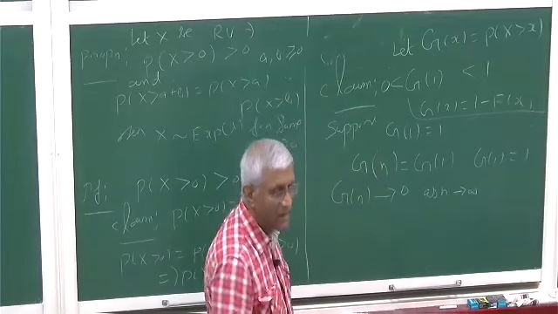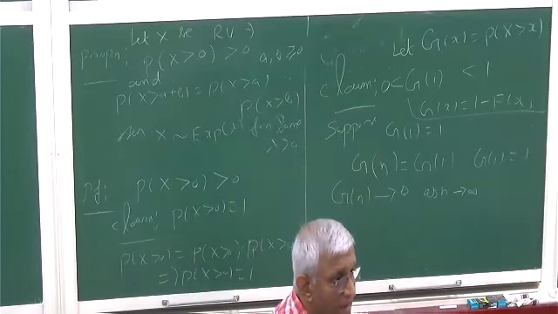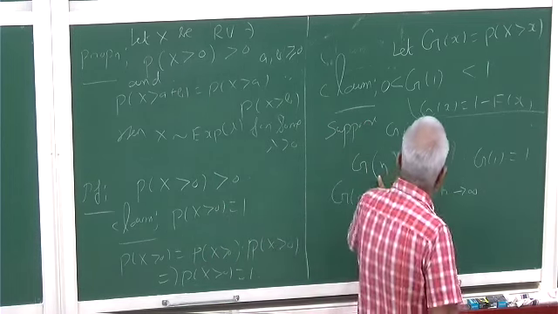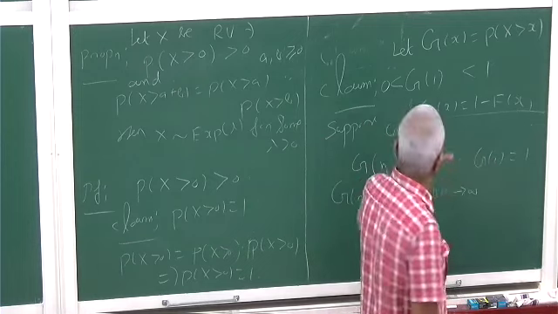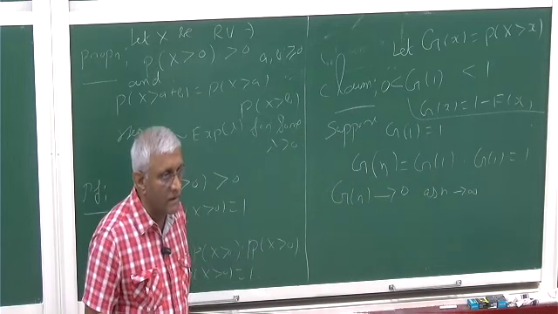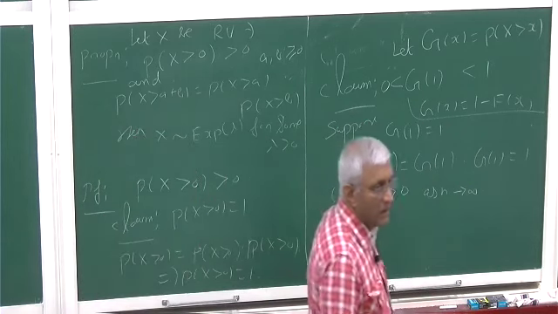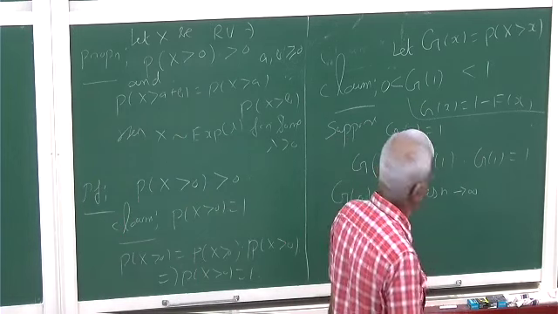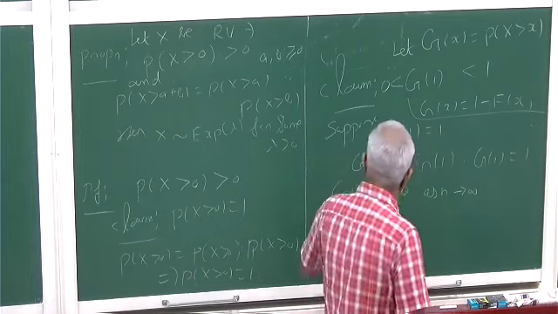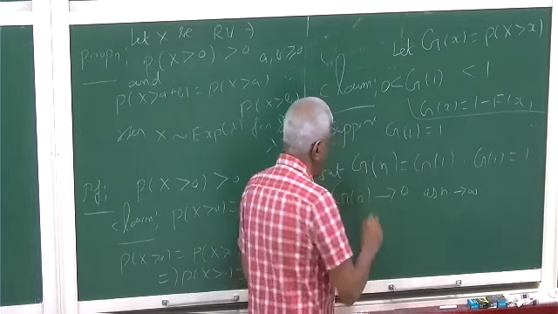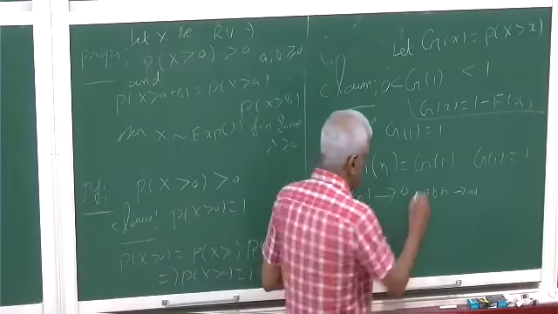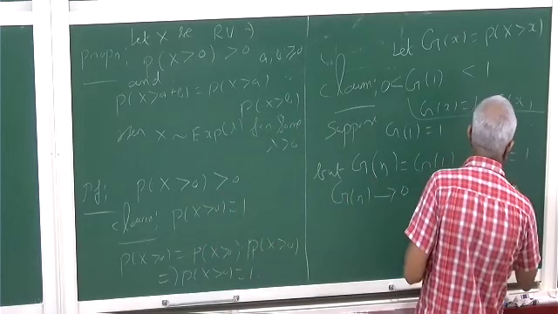But g of n equals 1 for any n, because of this property, g of n is equal to g of 1 times g of 1 and so on. So this is not possible.